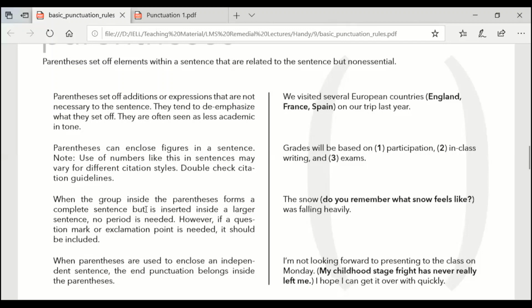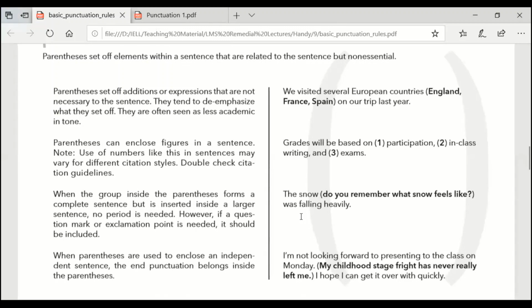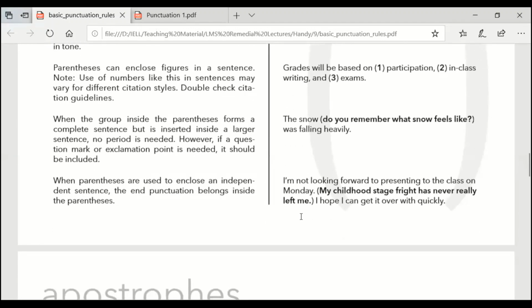So when there is additional information that is a part of the sentence, there is no need to use an additional period inside the parentheses. Okay, so there is another rule. When parentheses are used to enclose an independent sentence, the end punctuation belongs inside the parentheses. Here is a small paragraph with three sentences.